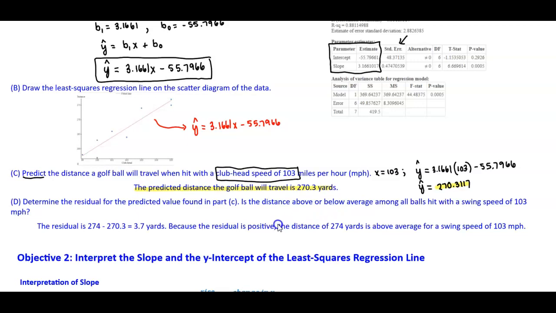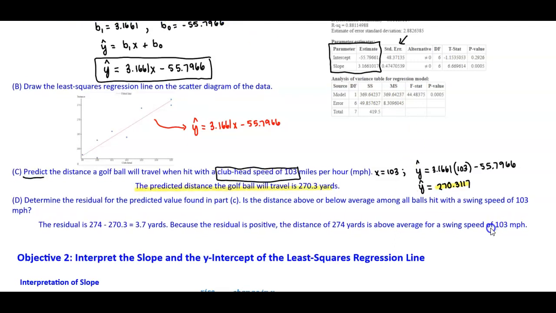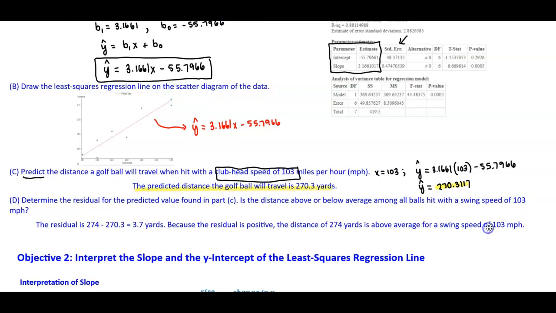Now we want to determine the residual for the predicted value found in part C. The question is, is the distance above or below average among all balls hit with a swing speed of 103? So how do we figure that out?